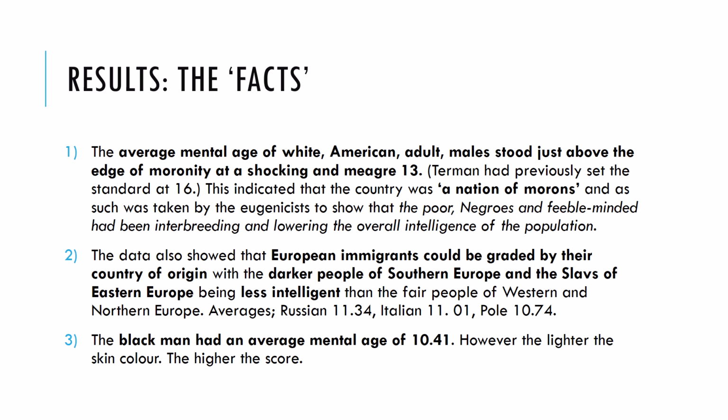The data also showed that European immigrants could be graded by their country of origin. So people who had darker skin, people from southern Europe, and what you called the Slavs of Eastern Europe. You were counted as a Slav if you could speak Slavic languages.